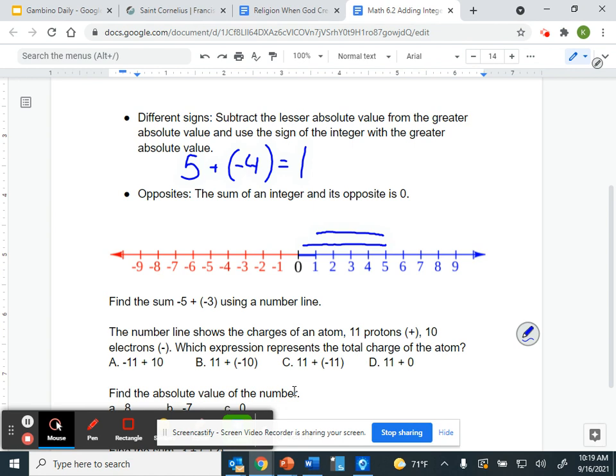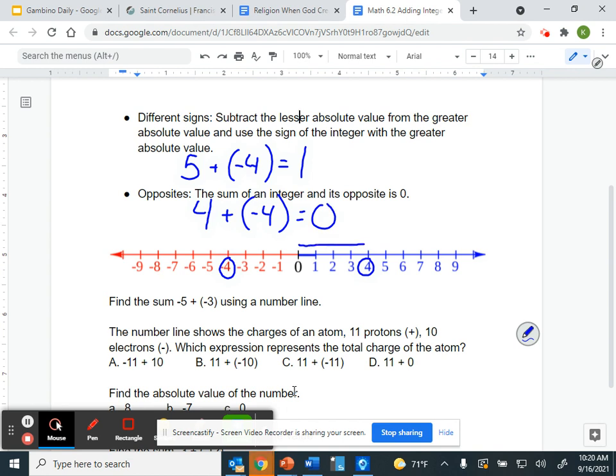So now we're going to look at the opposites. The sum of an integer and its opposite is 0. So remember that opposite, we had 4, and negative 4 is its opposite. So what that would look like here is 4 plus negative 4 equals 0.